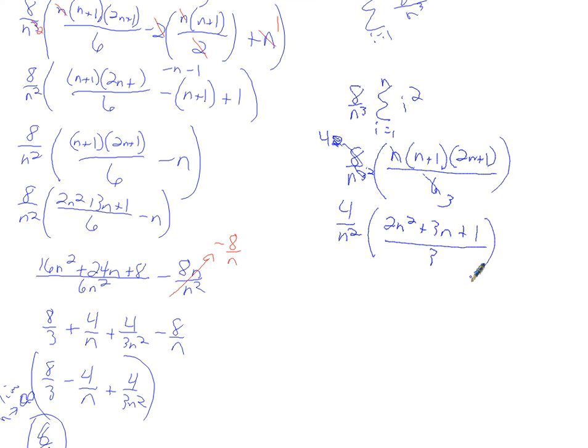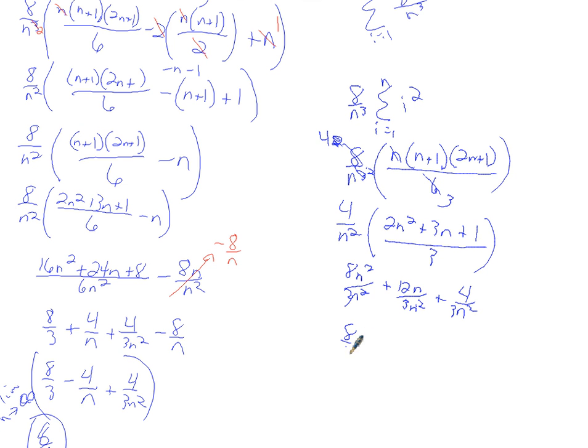over 3. Now I can send the 4 over n squared in. I have 8n squared over n squared. This is going to work out much better. Plus 12n over 3n squared, thank you. Plus 4 over 3n squared.